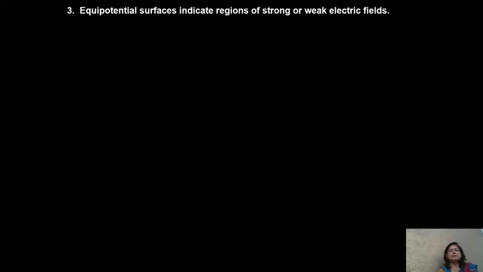Now third point, equipotential surfaces indicate regions of strong or weak electric fields. As we know, electric field is defined as the negative of potential gradient.